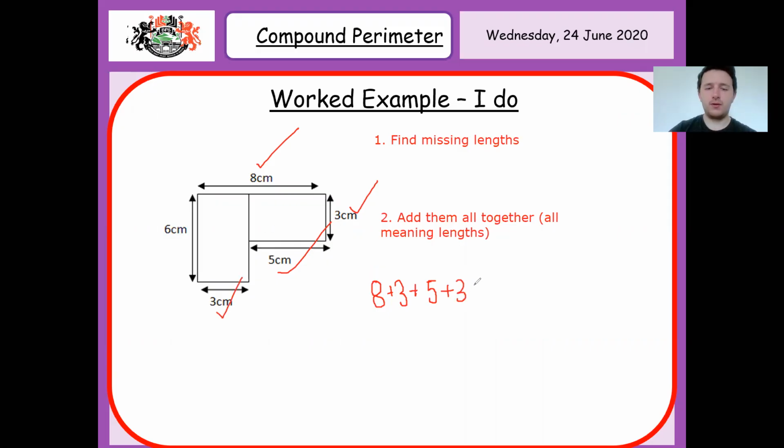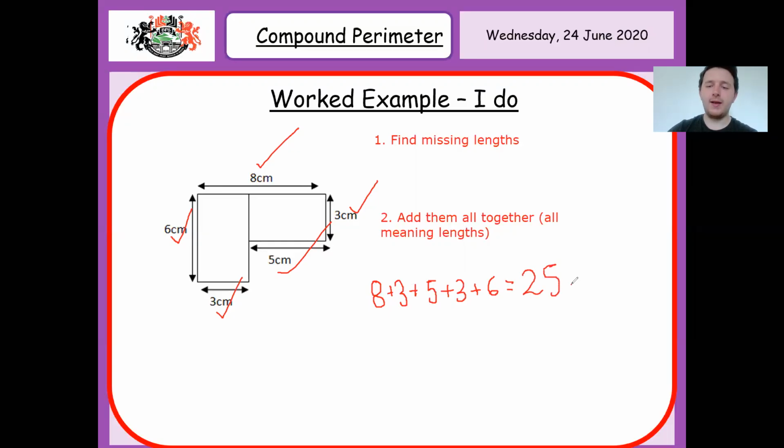And then plus 6. So I've methodically ticked them off as I've gone along because I want to make sure I don't miss any out or repeat any. So all we've simply got to do now is work out the sum. So 8 plus 3 is 11, plus 5 is 16, plus 3 is 19, plus 6 is 25.